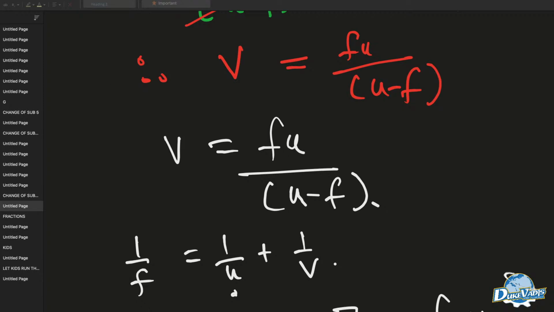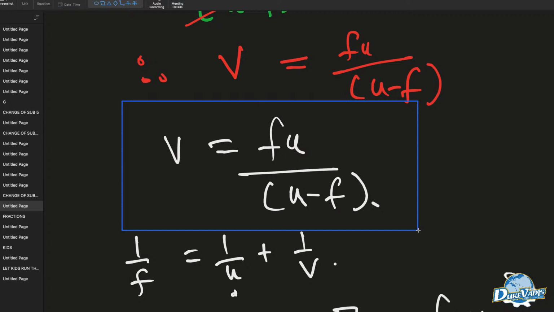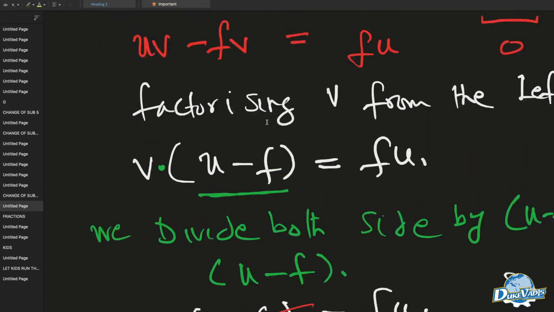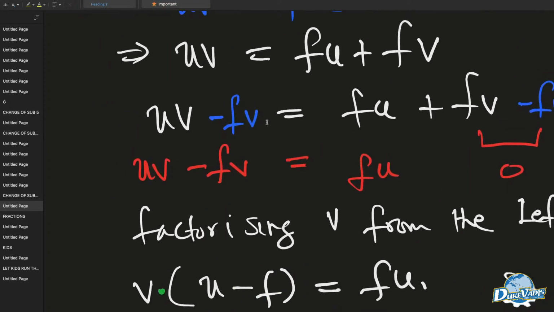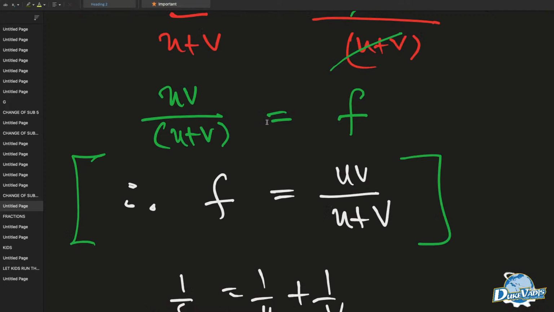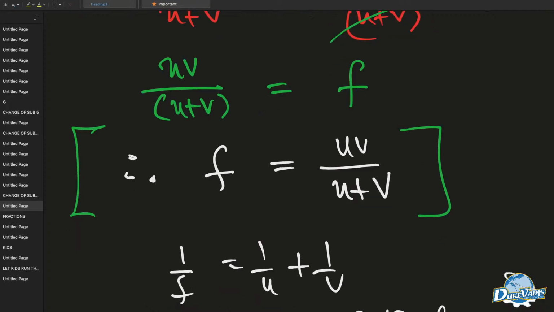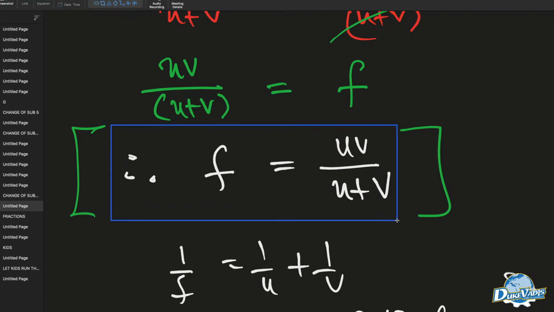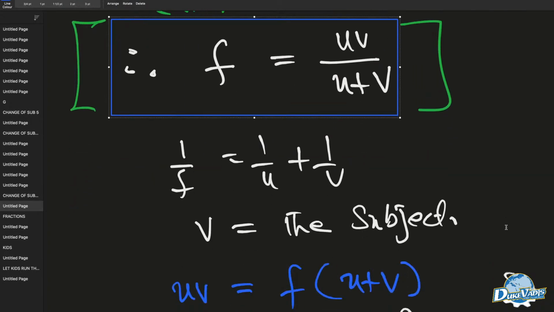And the first one, we're able to make F the subject. Friends, that is how it is. Change of subject is nothing but multiplication and division, by being able to understand your variable.